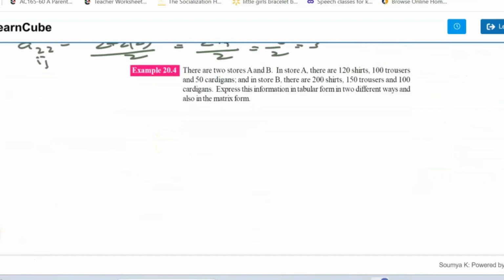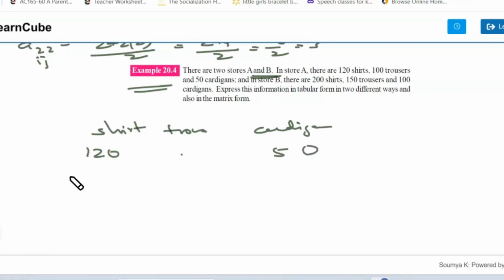And next one is the 20th question. Let's read this question, 20.4. 2 stores A and B are there. In store A you have 120 shirts, 100 trousers, 50 cardigans. Fill the values. Now store B has 200 shirts, 150 trousers and 100 cardigans.